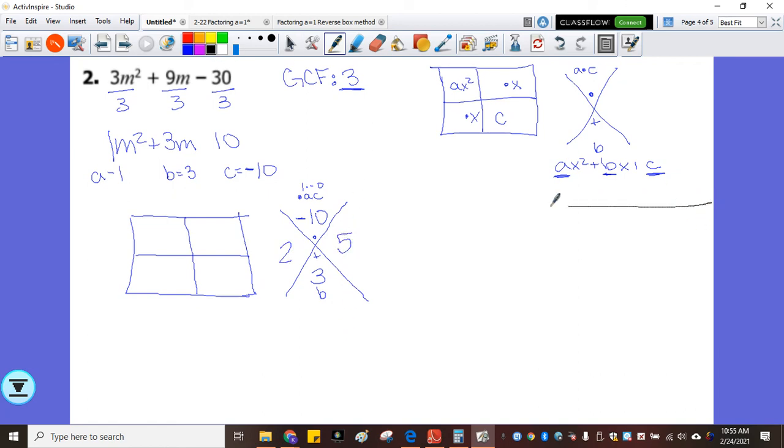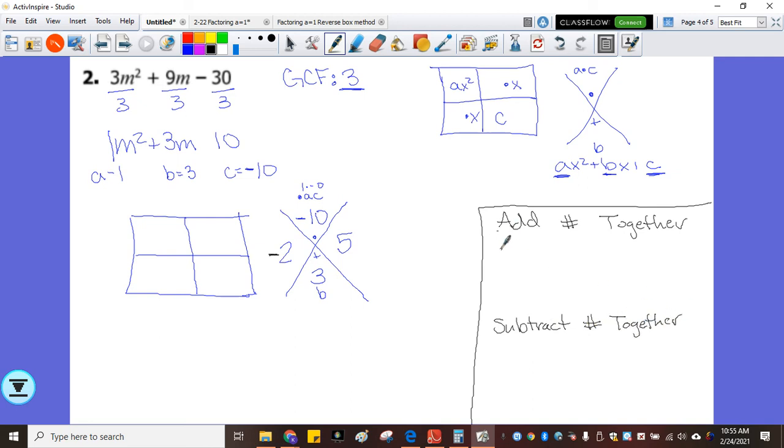And which one has to be negative? 2. So remember, there's 4 options with these x's.